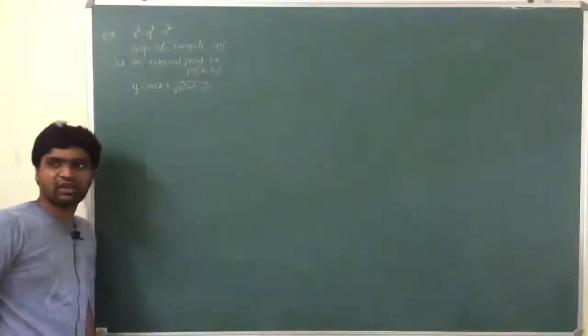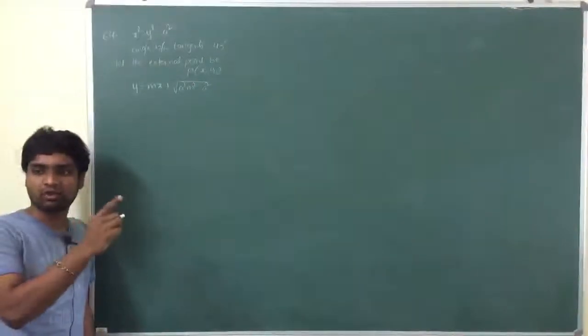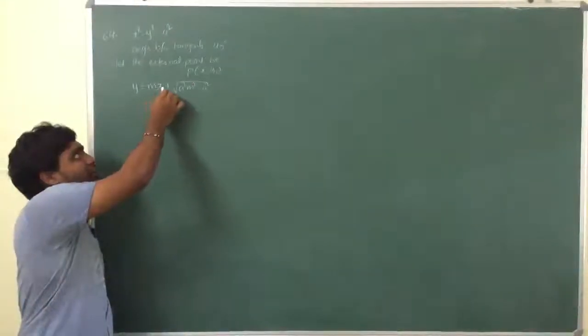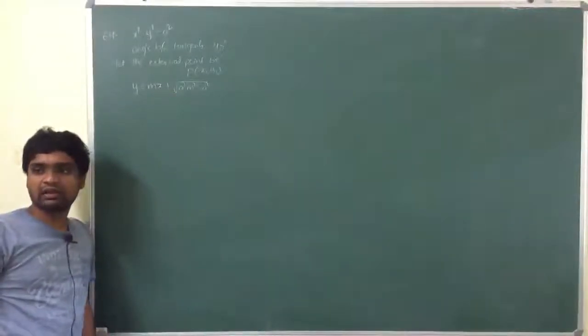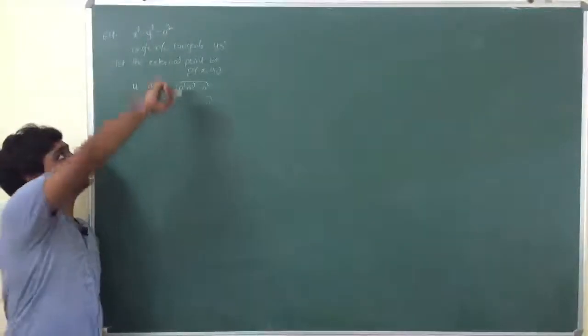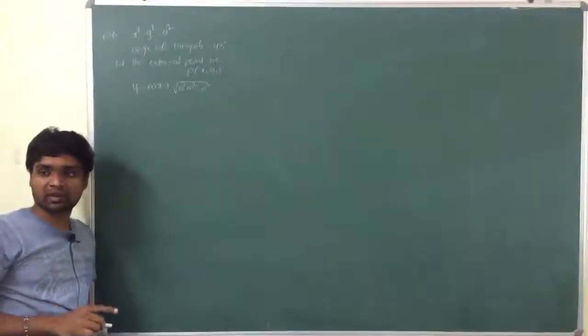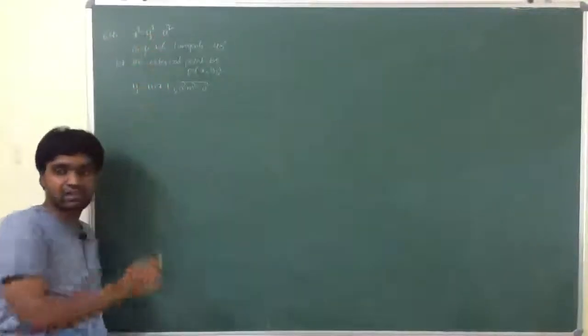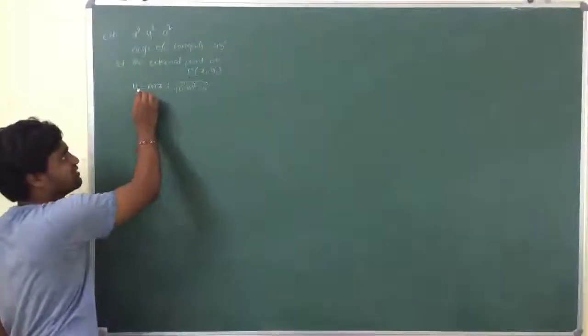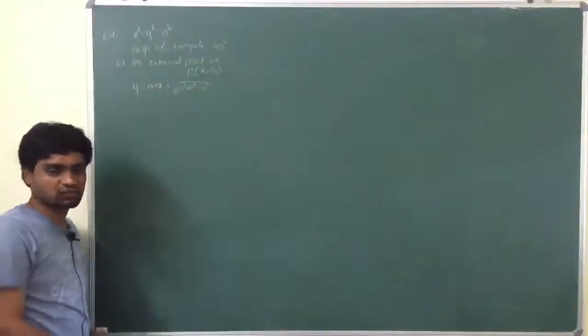When will you get y minus k is equal to m into (x minus h)? When the origin is shifted to the point h comma k, that is, if the center is h comma k for this hyperbola.